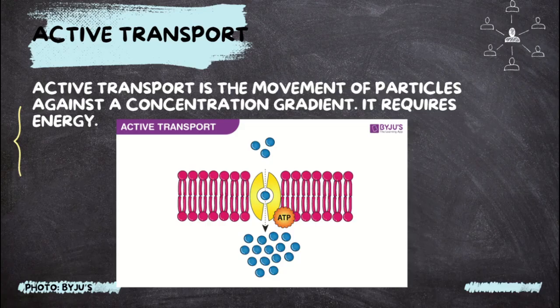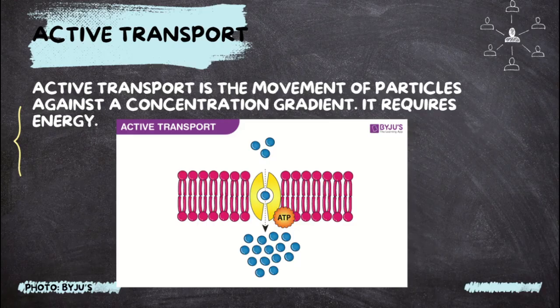So now we have active transport, and basically it's the movement of particles against a concentration gradient. When we talked about diffusion, facilitated diffusion, and osmosis, those three are all methods of passive transport, right? Them being passive transport means that they did not use any ATP.